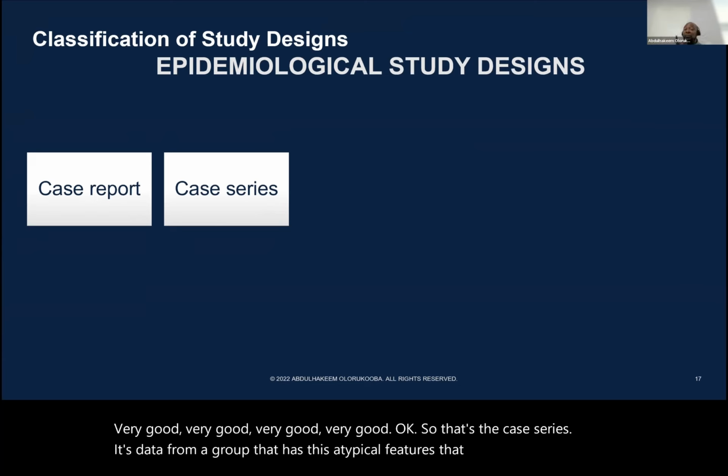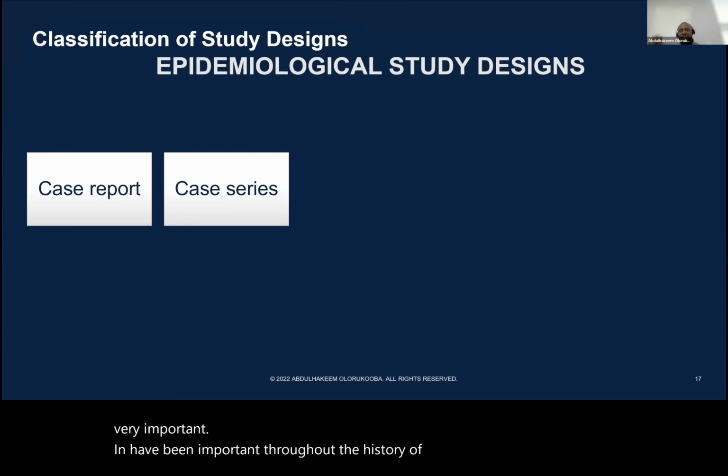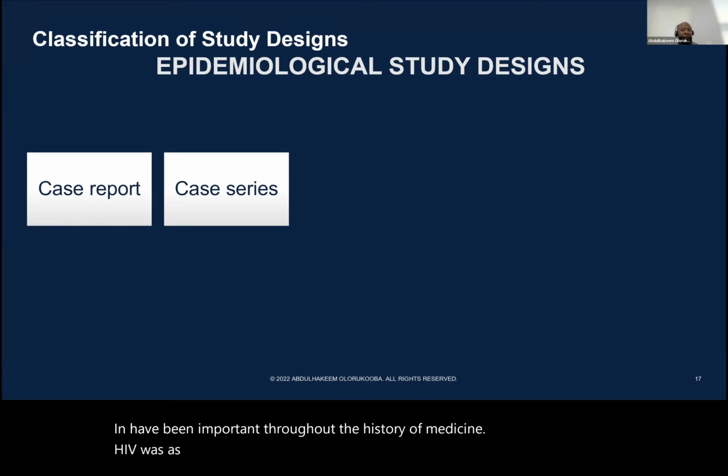And this is very, very important, because case reports and case series have been important throughout the history of medicine. HIV was a result of a case report or case series in men, if you remember that whole story.